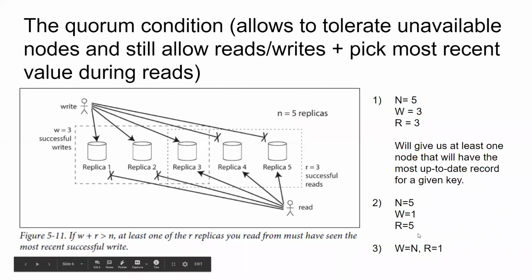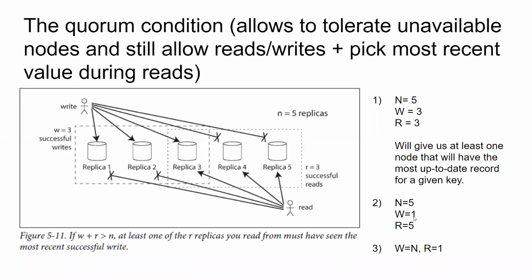If we first look at the second one, where write is 1, you're saying that by doing that we are making writes more available? Yep, because you want only one node to be available for your write to succeed, whereas your read will be less available because you would need all 5 nodes to be available to actually read a value.